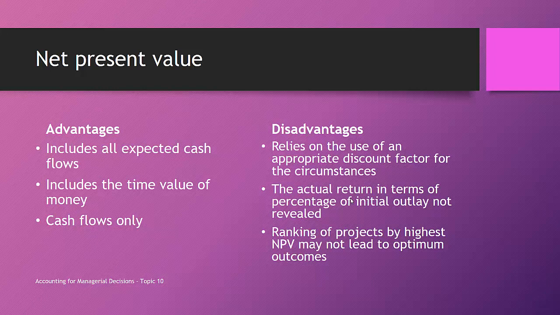So having a $1 positive NPV still means that it's worthwhile doing, but it doesn't give you a sense of the magnitude of the benefit. And there are going to be times when the highest NPV may not necessarily lead to optimum outcomes. So you may want to look at the timing of the cash flows, when they happen, the risk behind them. So again, not necessarily the size of the NPV which is important here. There may be more to it.